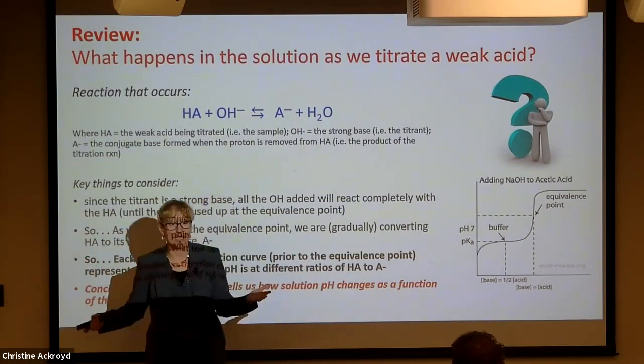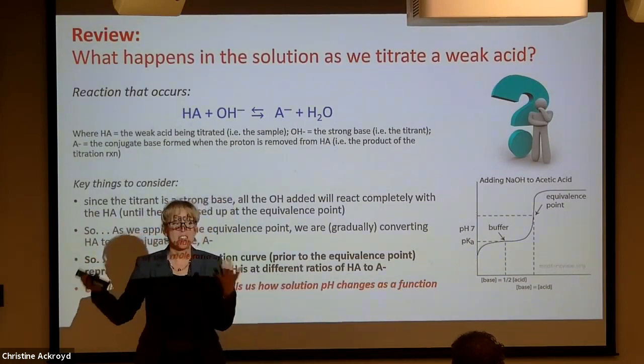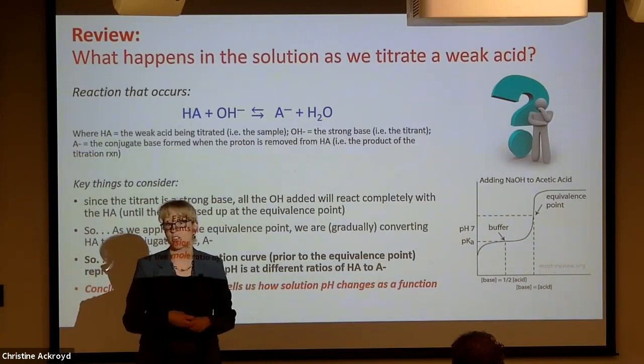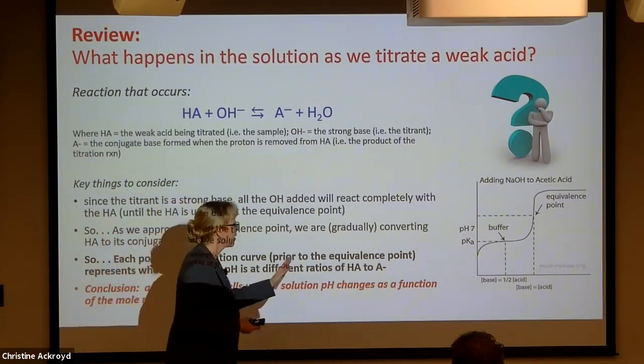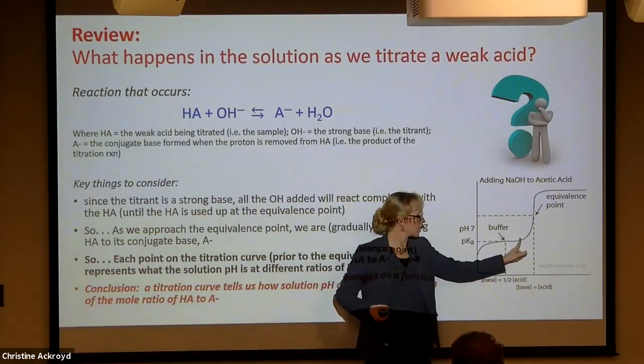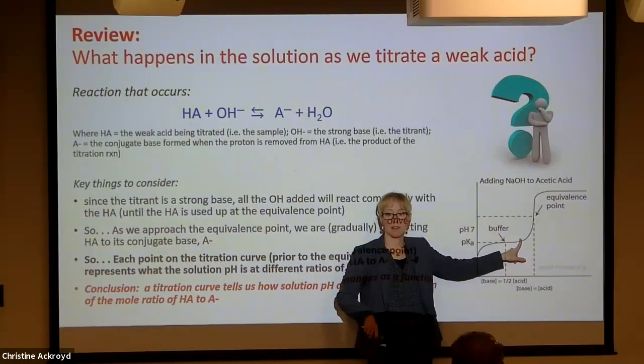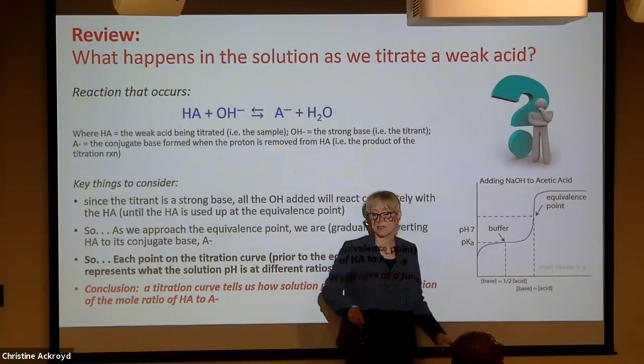If I make a solution that has a bunch of weak acid and even more of the conjugate base of that weak acid, on a titration curve that's somewhere above the midpoint, right? Hold that thought.